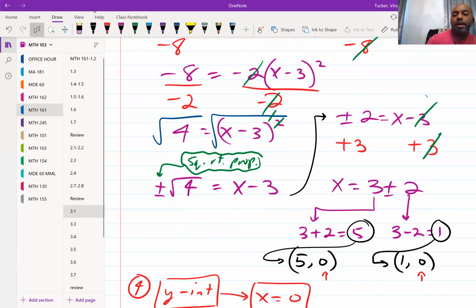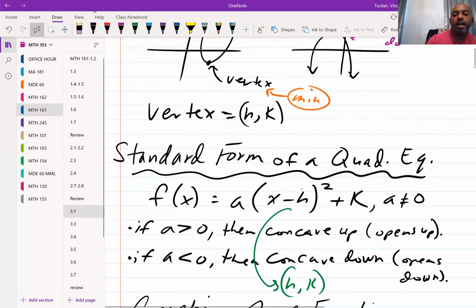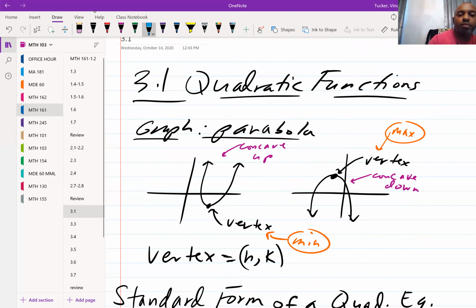And I'm going to come back to this, but if you go back to the diagram, what I didn't point out is right here are our x-intercepts. That's where the graph intercepts the x-axis. We'll go back and look at the scenarios in which you'll have x-intercepts and y-intercepts as well, but just pointing that out.